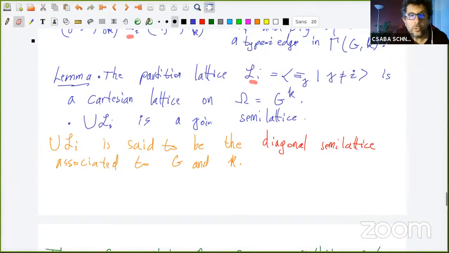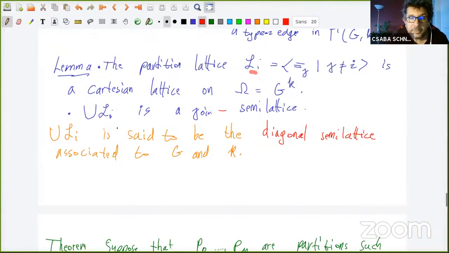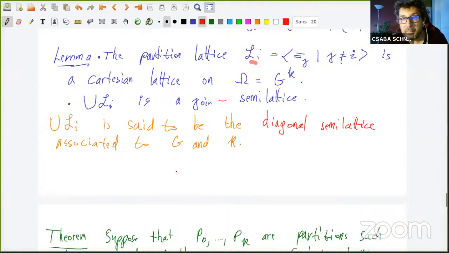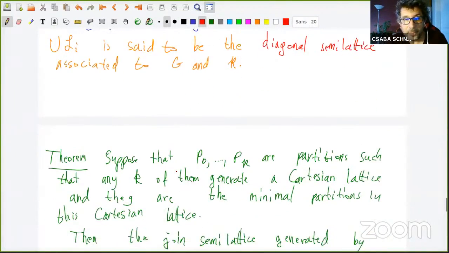So the union of these Cartesian lattices is going to be closed under the join operation in the partition lattice. This union is what's called a diagonal semilattice associated to the group G and to the number k. Whenever you get a group G and a number k, you can consider this semilattice of partitions. This is determined by this data, and this is what's called the diagonal semilattice.